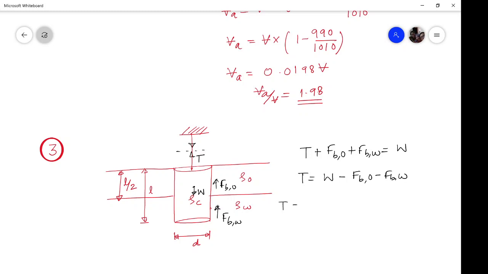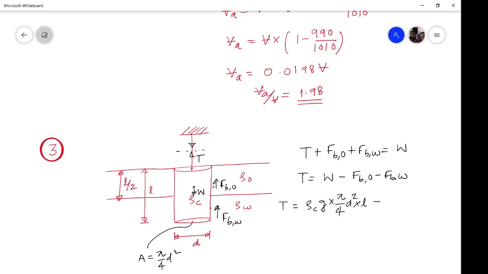So this T will be, what is the weight of the cylinder? That will be density of cylinder times g times the volume of cylinder, where the area is pi by 4 d square. So if you want to keep it, then you can do it. Let us keep it, but that will make the expression bulky, but that doesn't matter. So it is pi by 4 d square times L, okay, minus buoyancy force due to oil first.